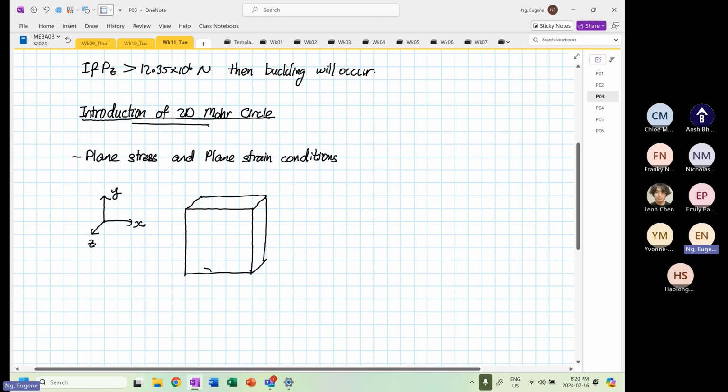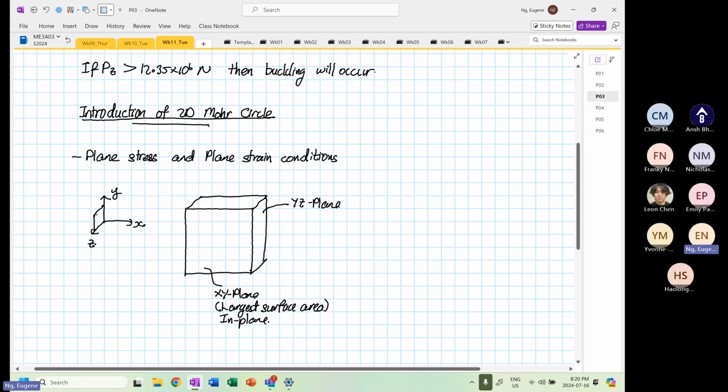So over here, this surface is on our XY plane, and it is the largest surface area. So we call this in plane. Then this plane over here, this is our YZ plane. Now, why is this our YZ plane? Because if you look at the surface, I just labelled YZ plane.